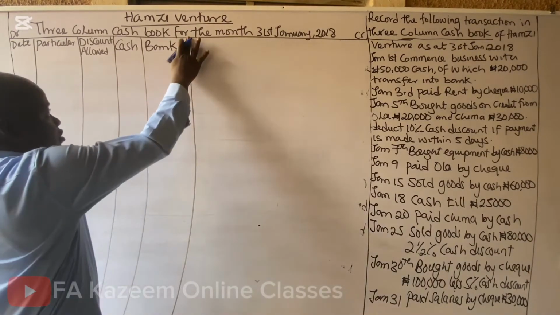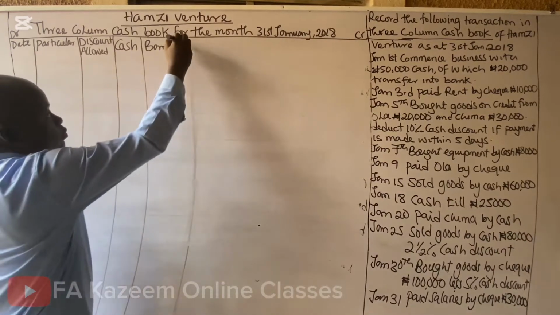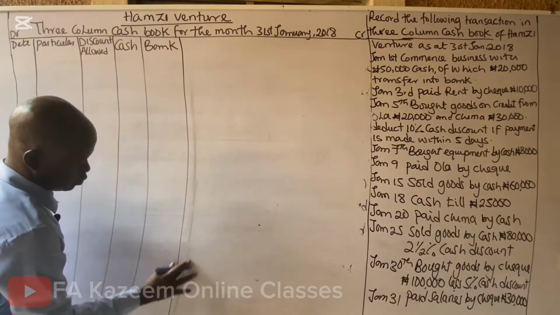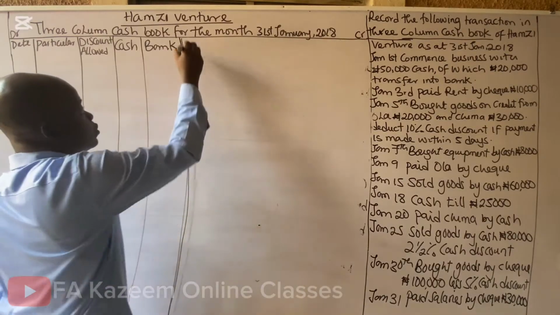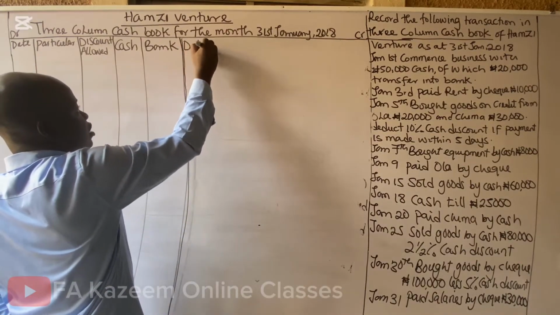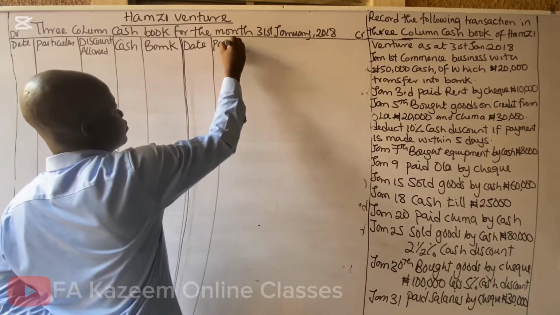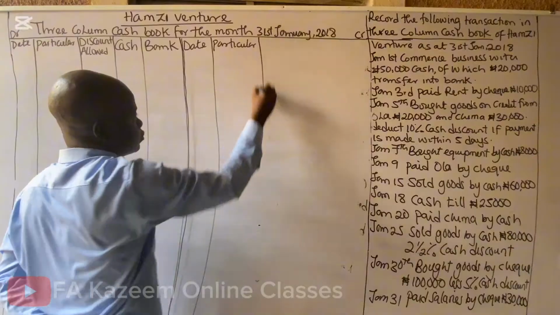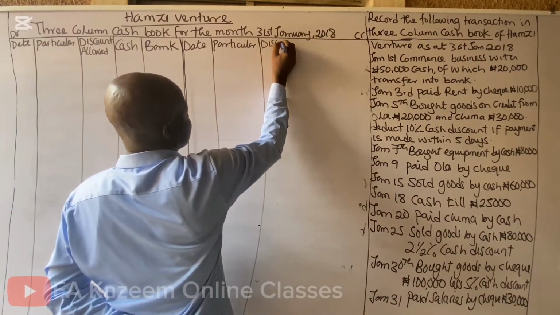On the credit side of the three column cash book, it has column for date. It has column for particular. It has column for discount receive.